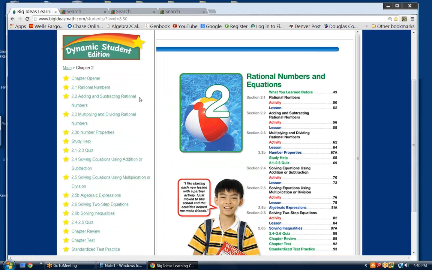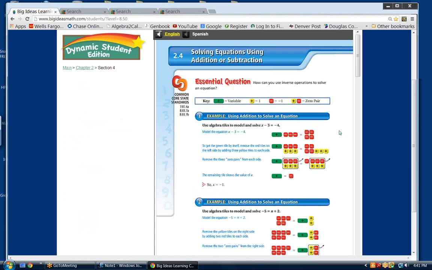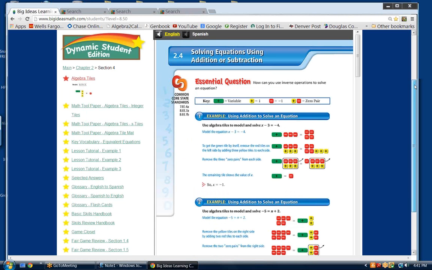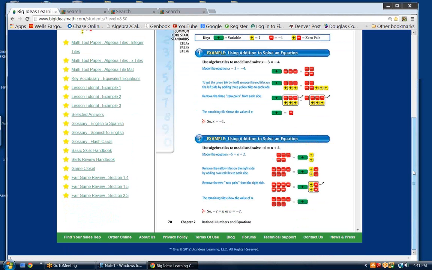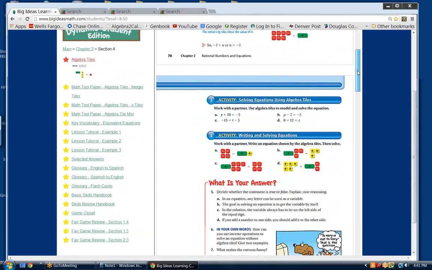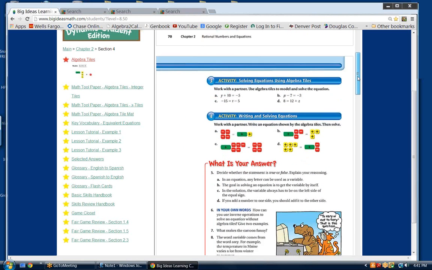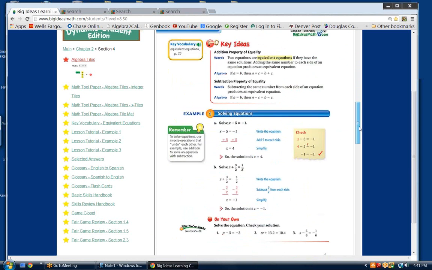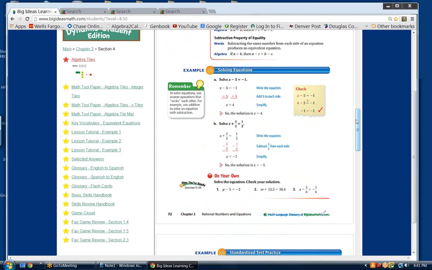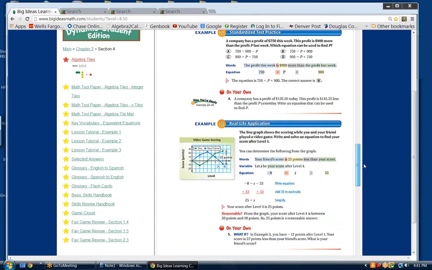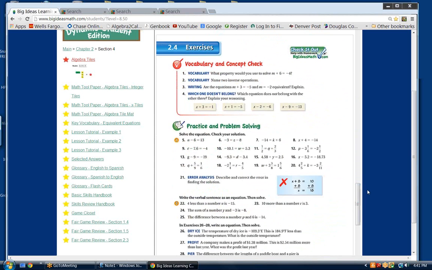And then either section 2.4 or 2.5. Okay, let's start with 2.4. And then anything in here besides the first 2 pages. So let's go to where it says exercises. Yeah, here we go.